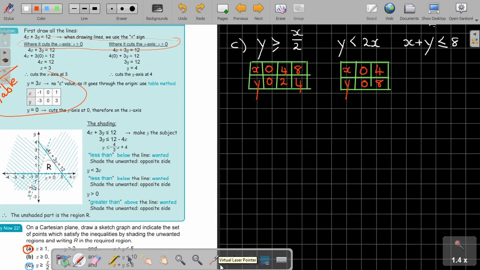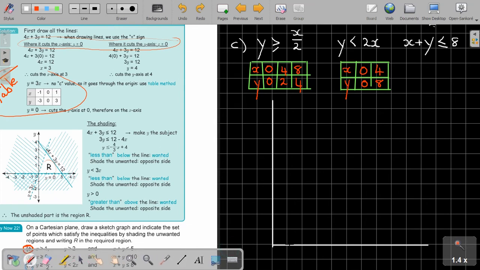So let's start drawing my line. In this case, it will be 1, 2, 3, 4, 5, 6, 7, 8.